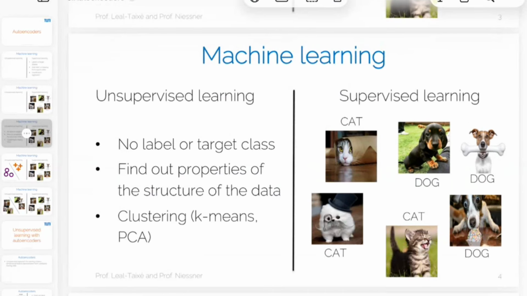Now coming to unsupervised learning. In the case of unsupervised learning, target classes or labels are not provided. That means you don't have this pair. I'm just giving you the image, not the class. This setup is for training, because you are going to train your model, and that's why learning is involved.